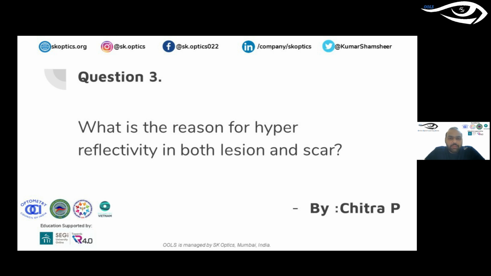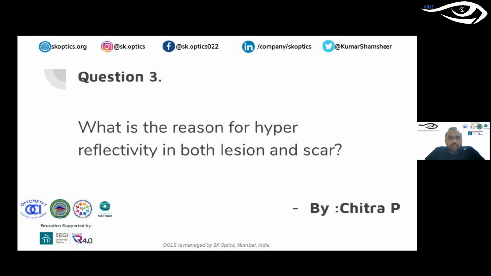In case of a scar or a lesion, the cornea is not as normal as it has to be. The normal function of the cornea is not maintained. That means the stromal function, the endothelial function, and the other normal biomechanical processes of the cornea are not maintained.